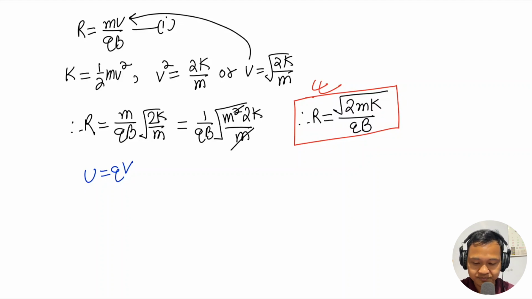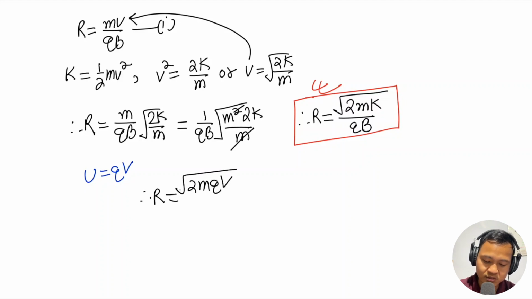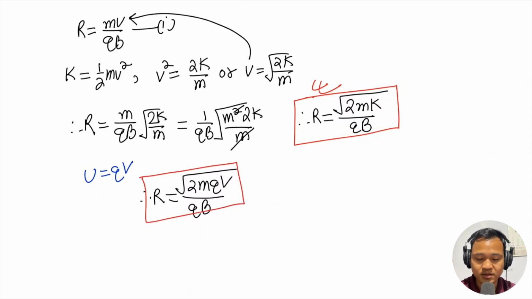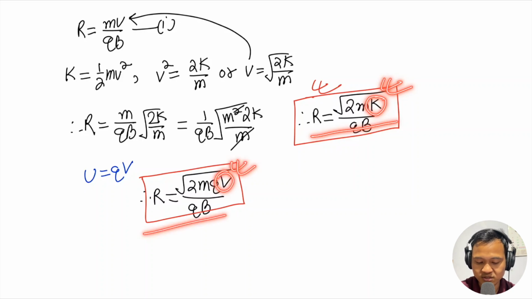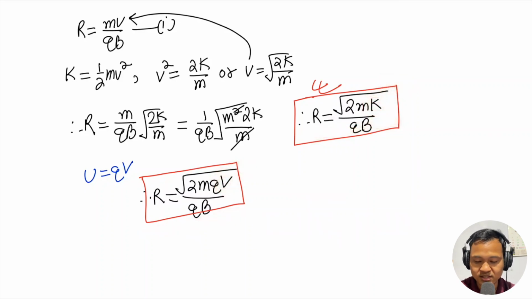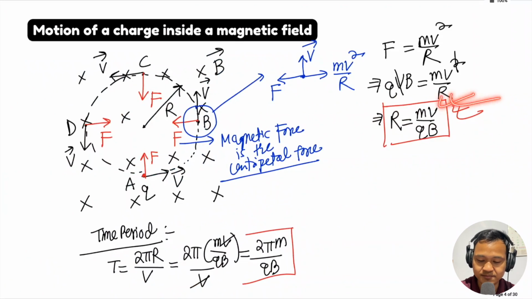So the radius will become root of 2m into q into V divided by q into B. If the question mentions kinetic energy, use that formula; if it mentions potential difference, use this one.